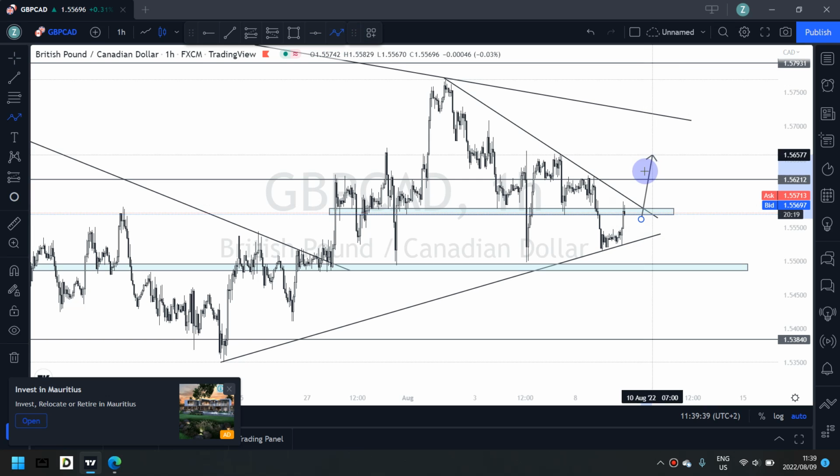The market might break out, retest, and push to the upside, or the market might respect this trend line and the zone, break out, retest, and then push to the downside, right? But no one knows what will happen.